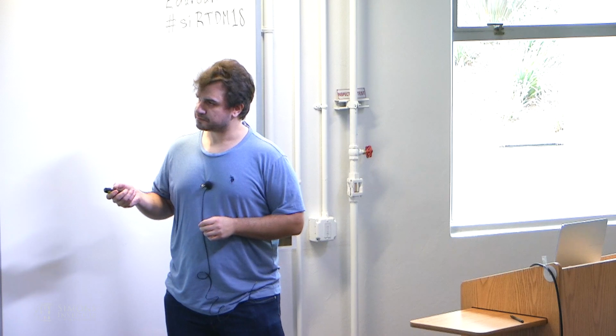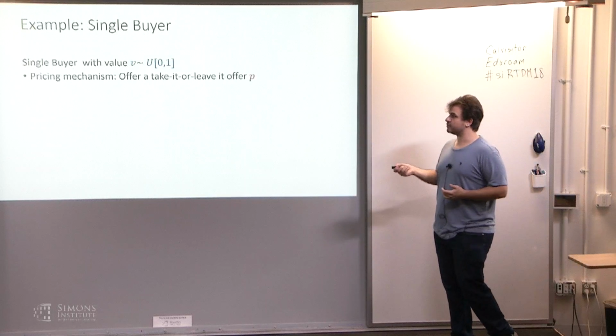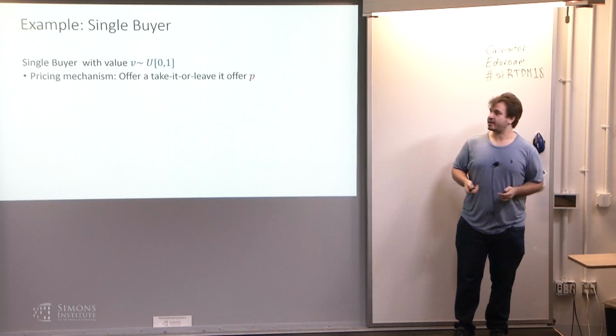So I'm giving you the situation where you're an auctioneer, you have a single buyer, and that's what you know about this buyer. How would you proceed with designing an auction or a scheme for this case? Well, the most typical thing you would imagine doing is to offer a price, a pricing mechanism, right?